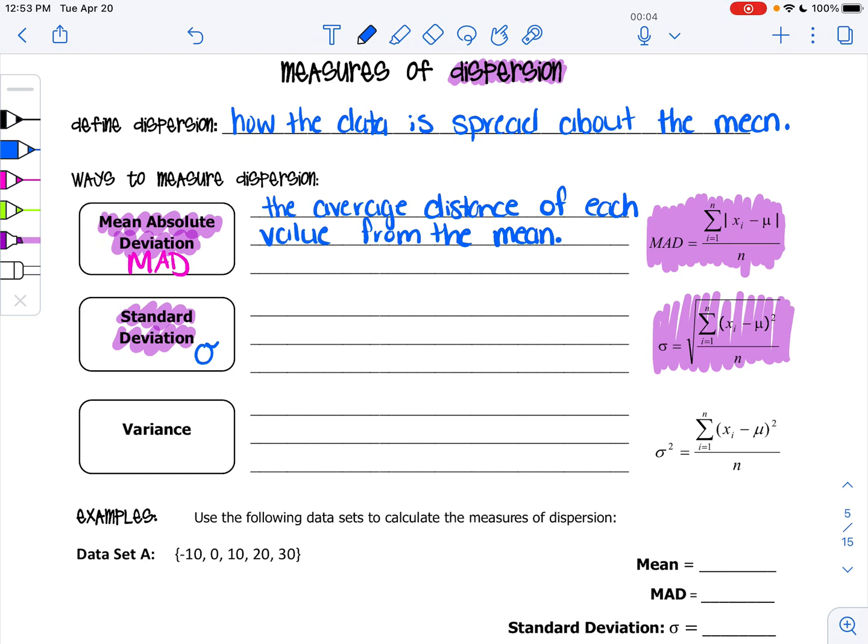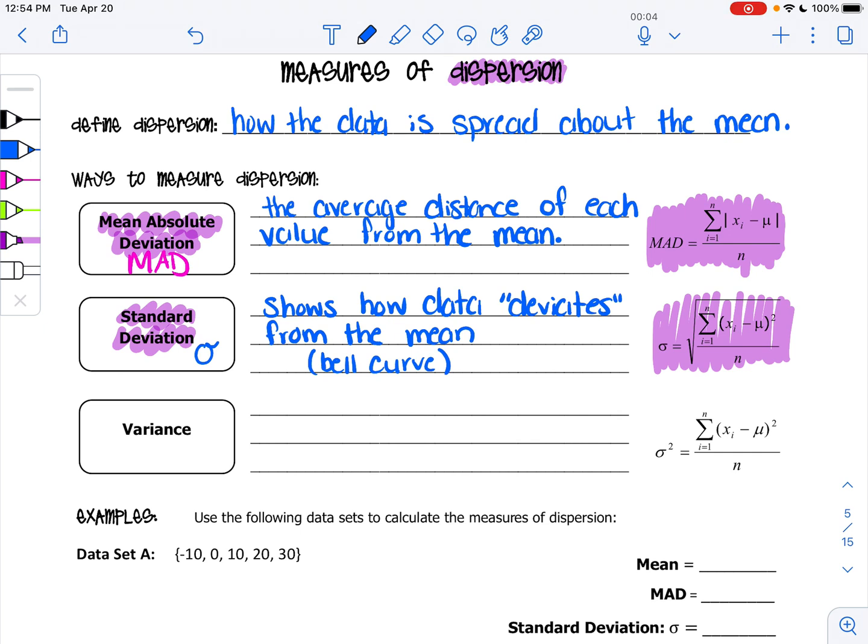What standard deviation does is it shows us how the data deviates. So that's where we get the word from. How it deviates from the mean. And we use standard deviation a lot when we're using a bell curve. And we'll talk about that a little bit later.